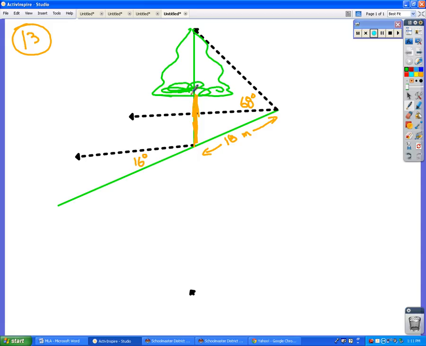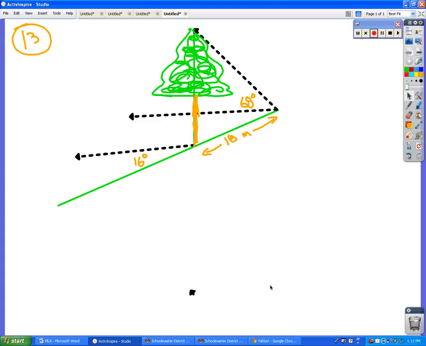We know that it casts a shadow that is 18 meters long, and we know that the angle from the tip of the shadow to the top of the tree is 68 degrees, and we know the tree is growing on a slanted hillside, and the angle it makes with the hillside is 16 degrees.